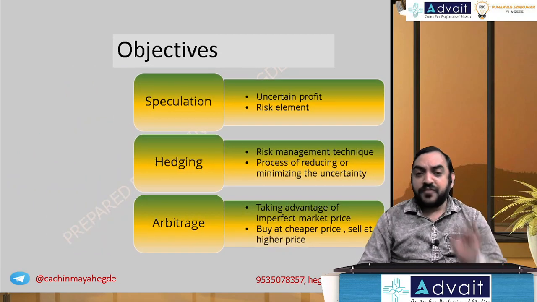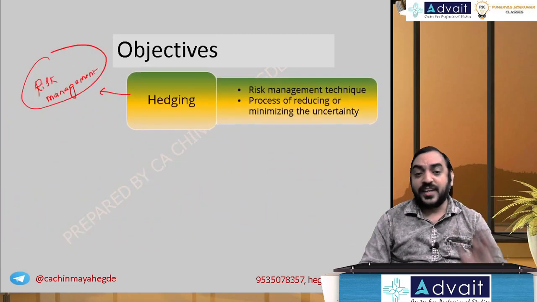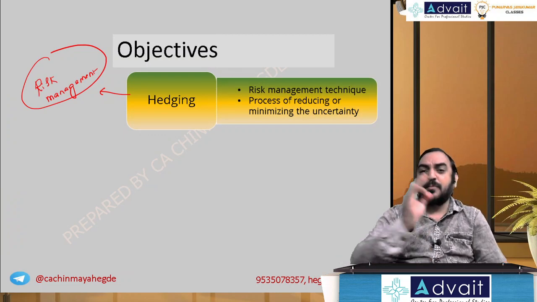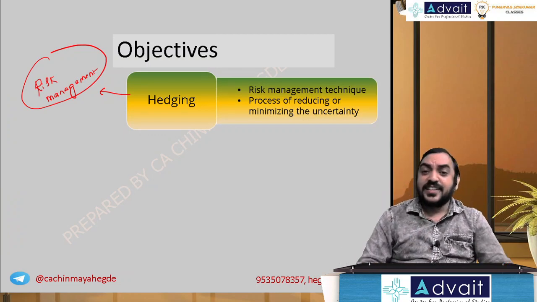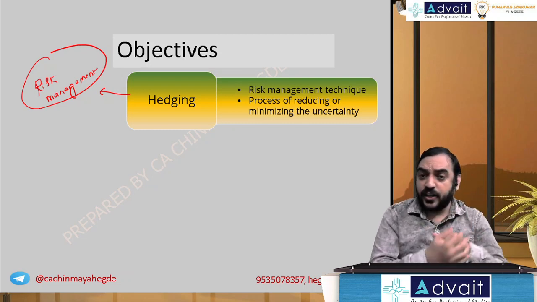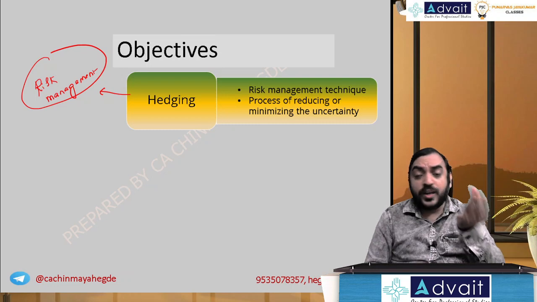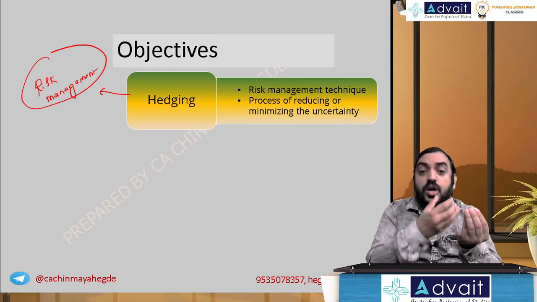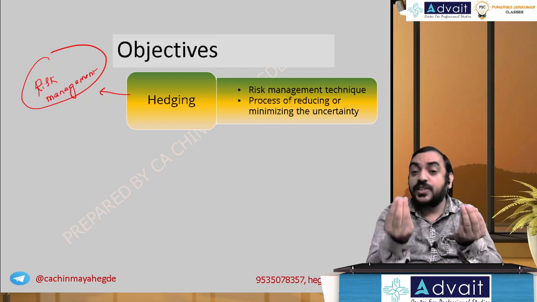Okay, after speculation, now we have hedging. Hedging is essentially a risk management technique. See, I told you because there is uncertainty, there will be speculation. Now, on one variable, we have a risk. So, I would like to manage that risk.